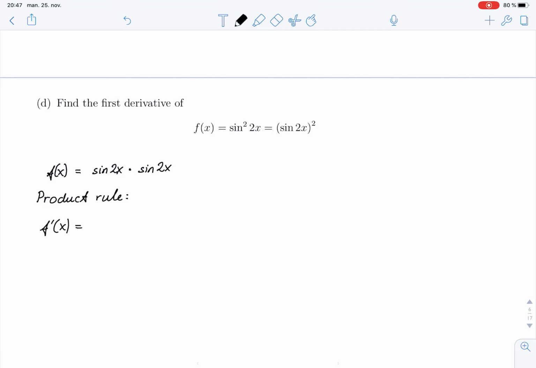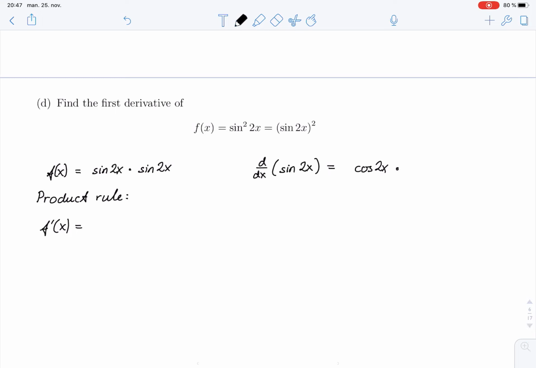Because what you need to do then is to take the first term and find the derivative of that. So let's make a small side note here. The derivative of sine is cosine. And the 2x is kind of stuck inside the cosine.